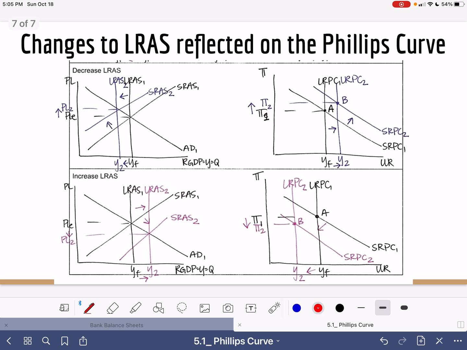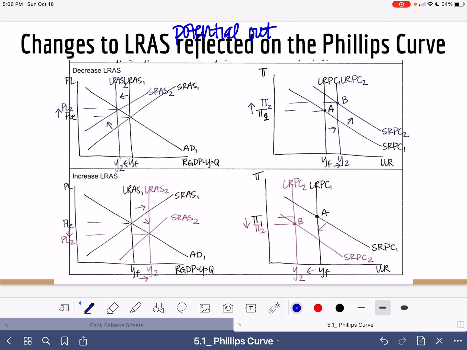And then we can also reflect changes to long-run aggregate supply. So remember, this is our potential output. We can reflect that as well on our Phillips curve. So when we decrease long-run aggregate supply, remember we have a short-run change before the long-run change. So we have a decrease in short-run and then a decrease in long-run.